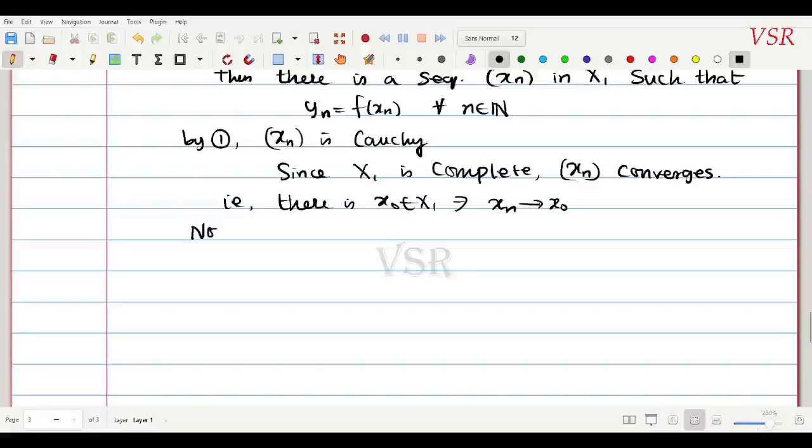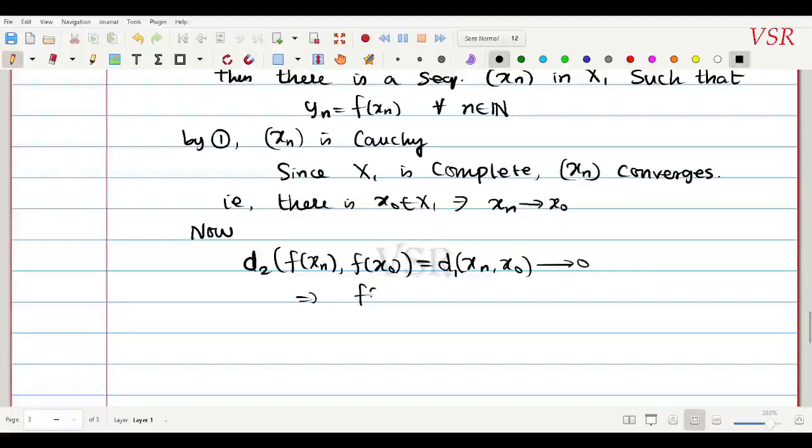Now we are having d2 of f of xn comma f of x naught, which is equal to d1 of xn comma x naught. And as xn converges to x naught, this converges to 0. So this implies that f of xn converges to f of x naught, that is yn converges to f of x naught.